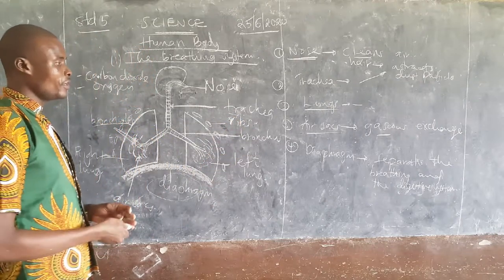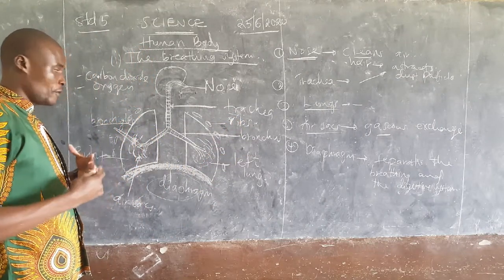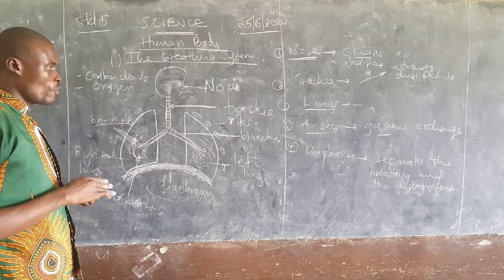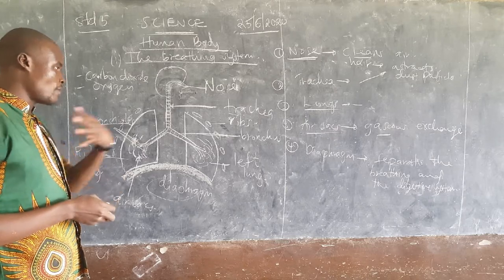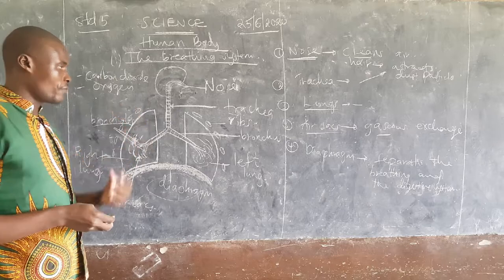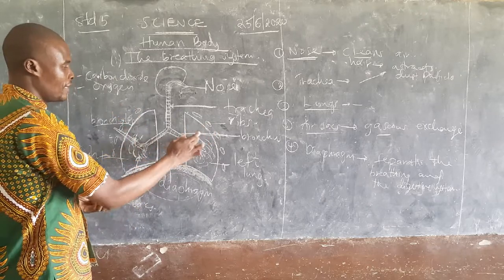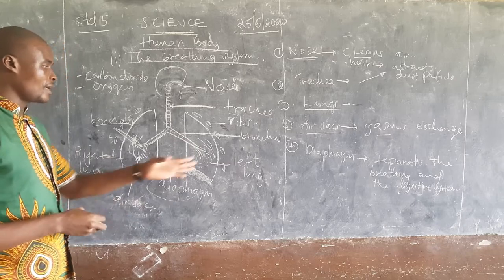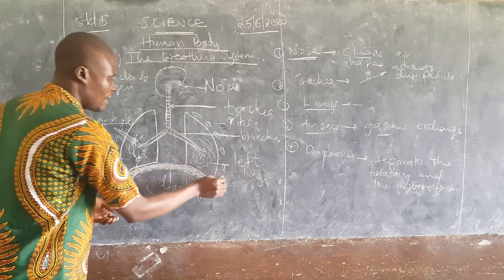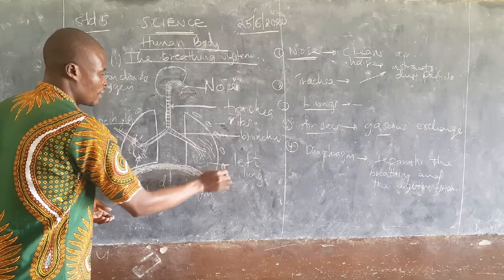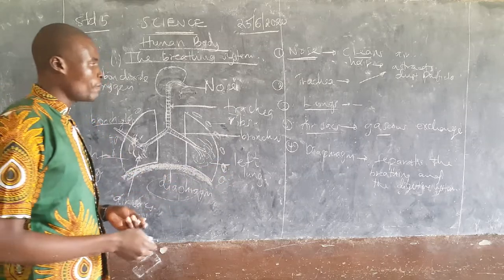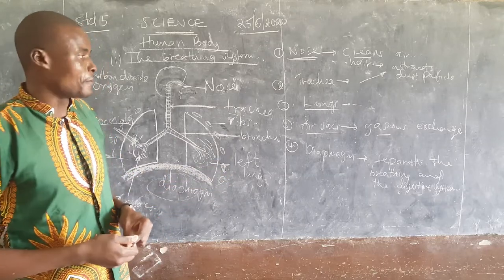Its major role is to protect our chest. When something hits your chest from in front, you realize that your ribs will be the first one to protect the inner parts of the lungs. So they give a protective role here. They protect the internal parts of the system.